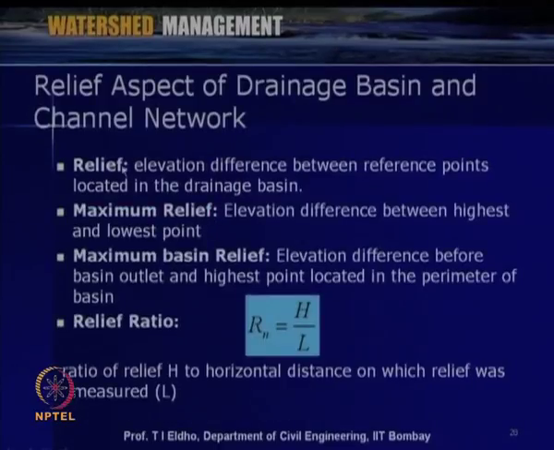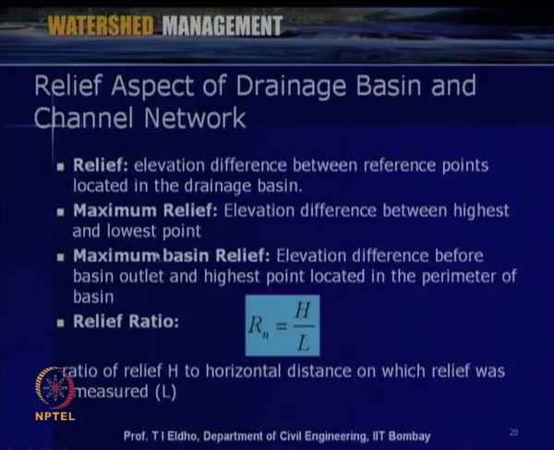Now, the last aspect is the so called relief aspect, which is based upon the elevation. Relief is the elevation difference between reference points located in the drainage basin. Maximum relief is the elevation difference between the highest and lowest point within the watershed, and maximum basin relief means the elevation difference between the basin outlet and the highest point located on the perimeter of the basin.